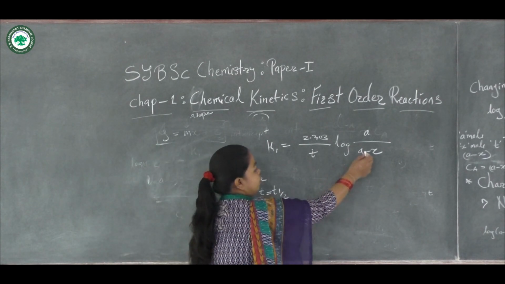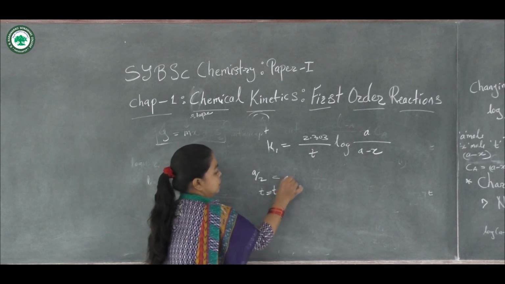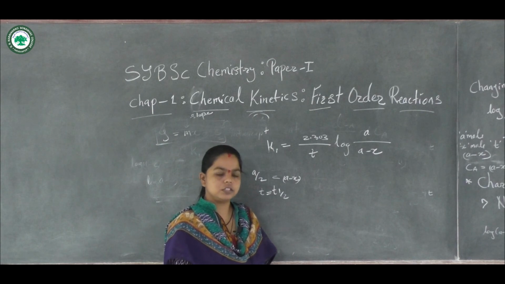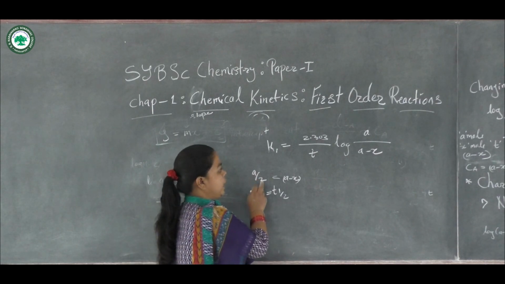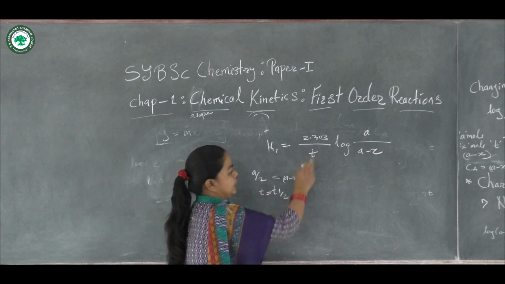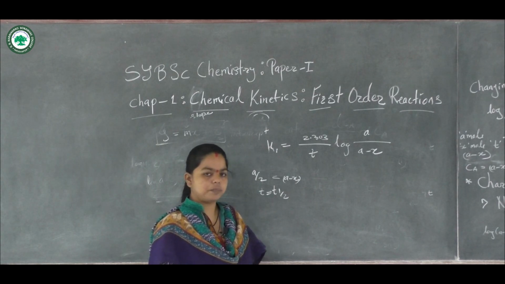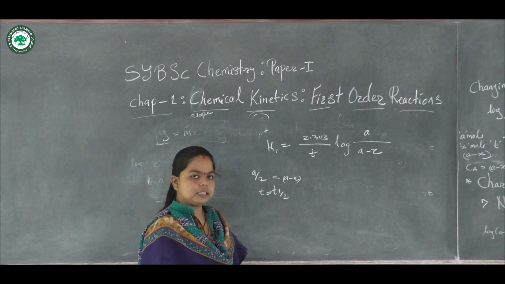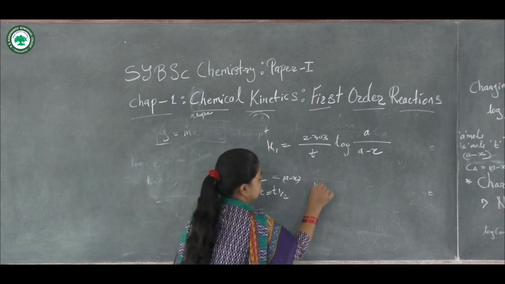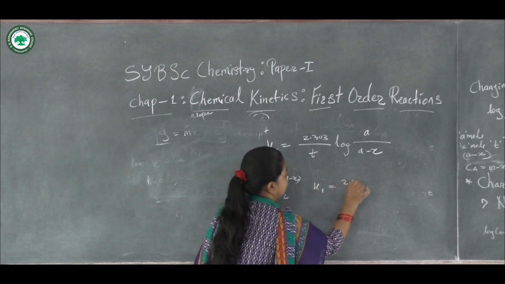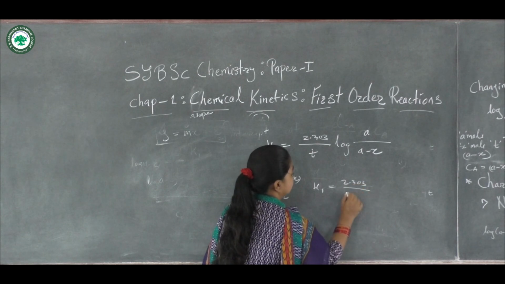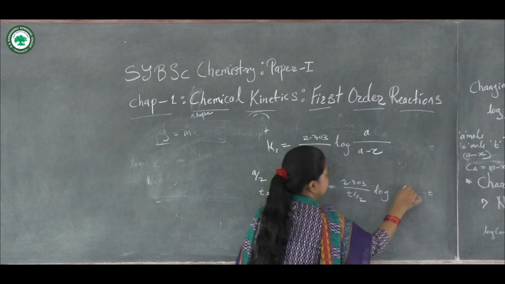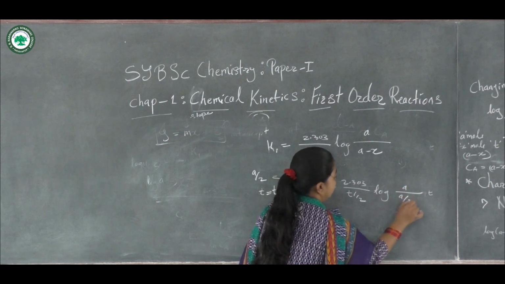So the value of A minus X, that is the unreacted or final concentration of the reactant, will be A upon 2, and t is the half-life period. If we substitute time t with the half-life period, that is t half, we will get K1 equals 2.303 divided by t half into log of A upon A upon 2.